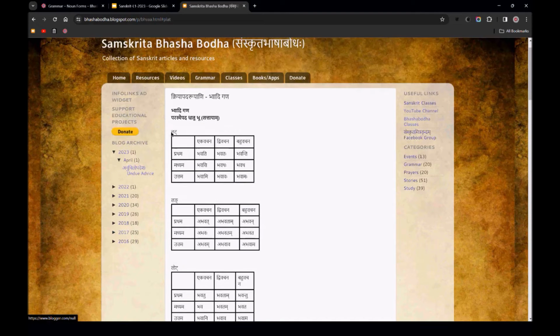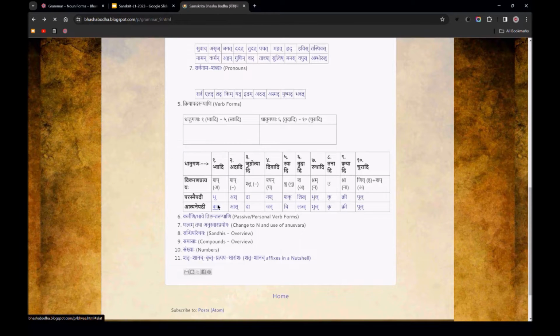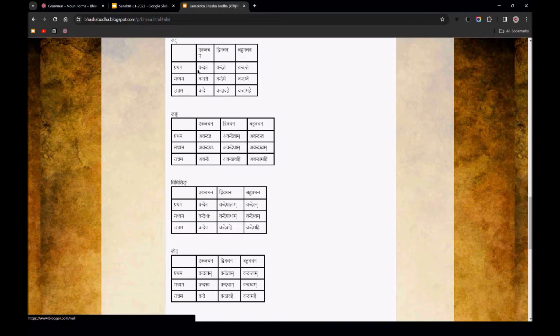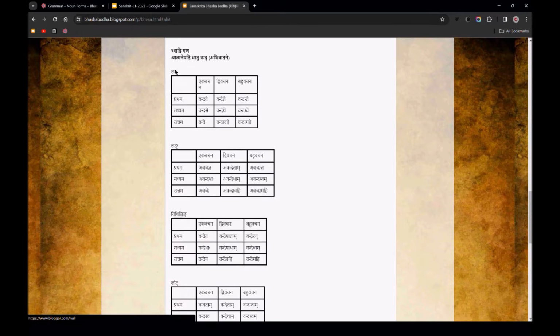Dhatu is bhu here, and lut first table is present tense table. So here you see the forms bhavati, bhavata, bhavanti. But if you look at the other one, like vand, you will see vandate. It's also present tense, but you will see the ending in te. Vandate, vandete, vandante. So these are a bit different based on the type of dhatu.